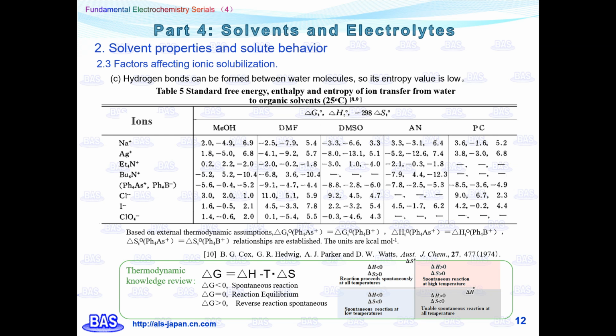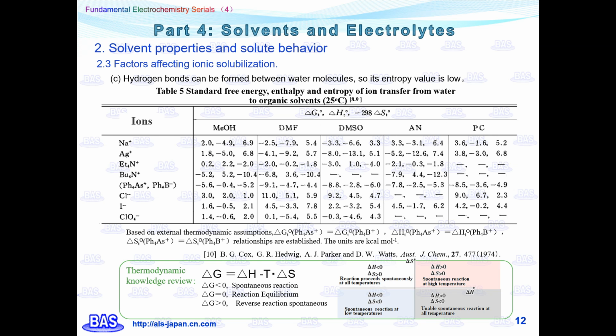Water molecules can form hydrogen bonds between them, so their entropy value is low. When hydrophilic ions, as many inorganic ions are, enter the water, the overall structure of the water around the ion is disrupted due to the strong interaction between the water molecules and the ions, which increases their entropy.